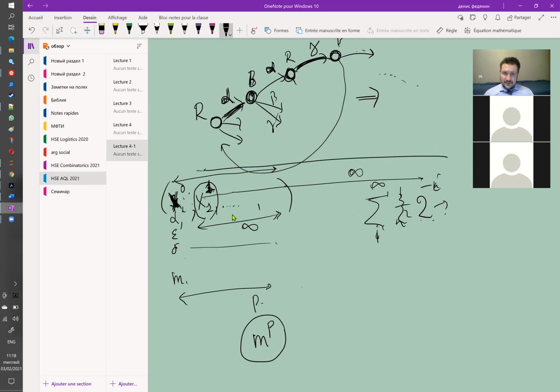So if blue chooses alpha, then R chooses gamma. But if blue chooses beta, not alpha, then the decision of R is, for example, epsilon. So it does matter what the information was, what the history was.